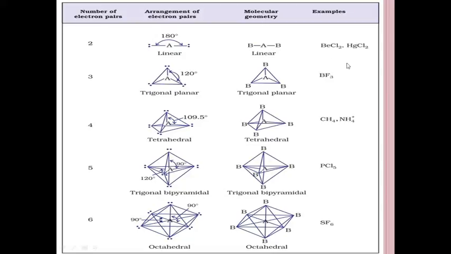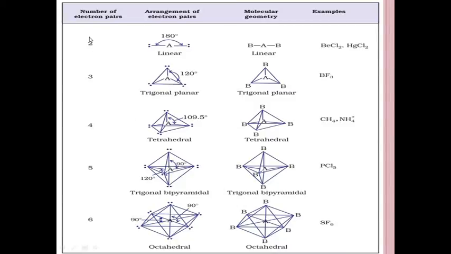Examples of these types of molecules are beryllium chloride and mercurous chloride. Now coming to 3. If you have 3 bond pairs, then they take up a shape of trigonal planar. Here I am giving you only the bond pair idea; there is no lone pair problem here.